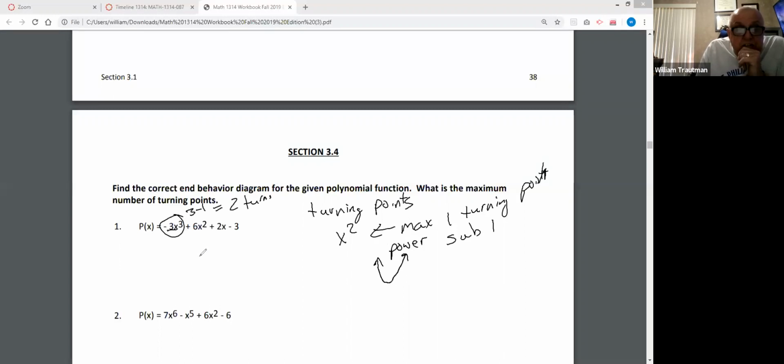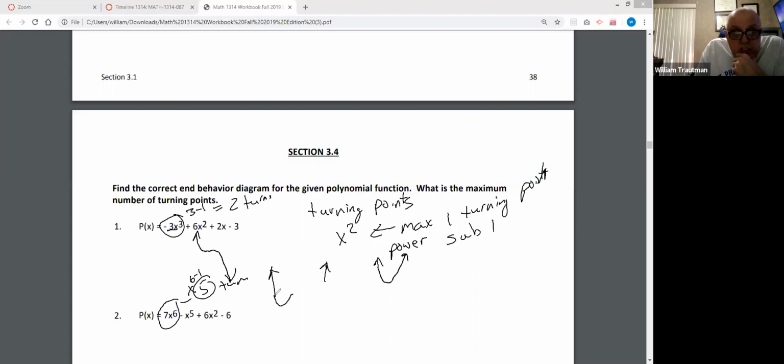A negative x to the third looks like this. It turns once and then it turns again. You see it has two turning points. X to the sixth has a possibility of 5 turning points. By the way, x to the sixth, we already talked about, has even power behavior.